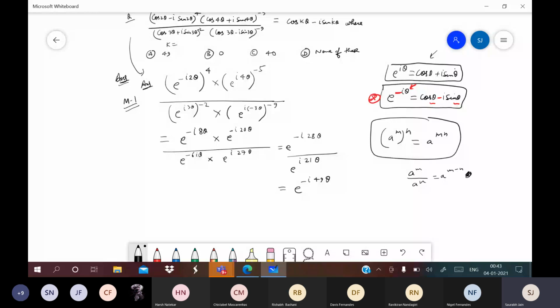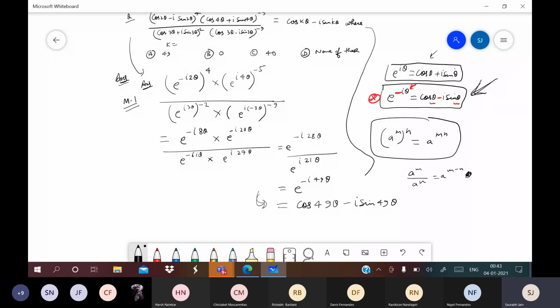And now once again I use the second formula. This one. I have minus, and in place of theta I have 49 theta. So if I use Euler's formula once again, I'll be using cos 49 theta minus iota sine 49 theta. Can I compare it with the given form in the question?